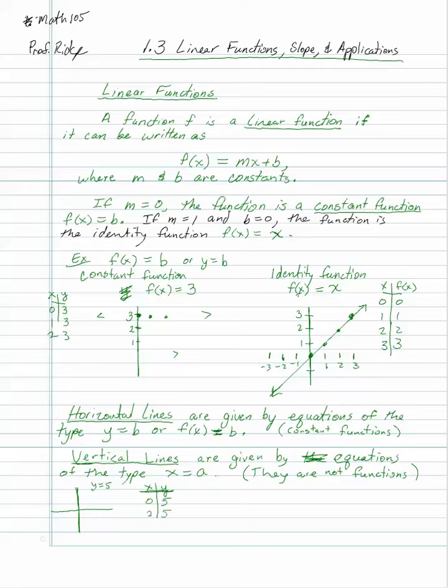So I would just plot a couple points. x could be 1, 2, or 0, but y has to be 5. So then I go up to 5, and plot 0, 5, 1, 5, 2, 5. And then I'd see it's a horizontal line. So that's how I'd reason through it.